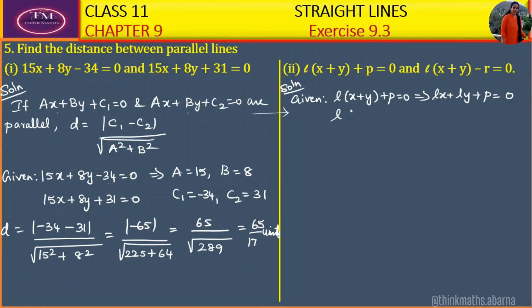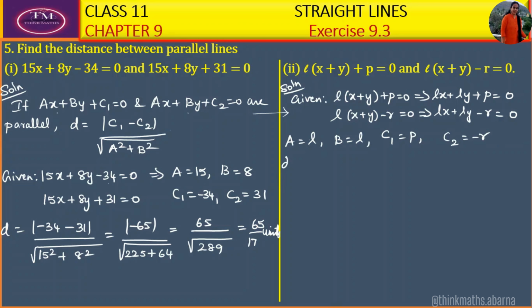Another equation is L into x plus y minus r equal to 0. So multiplying, Lx plus Ly minus r equal to 0. If you compare with the general equation, here a is equal to L, b is also L, c1 is p, c2 is minus r.